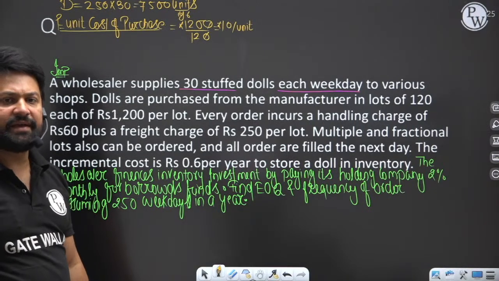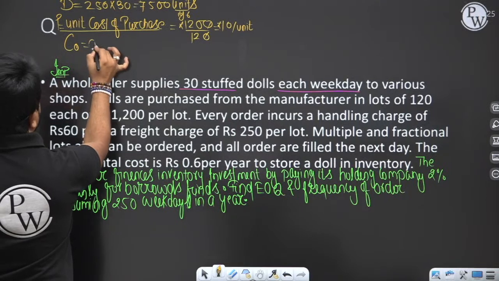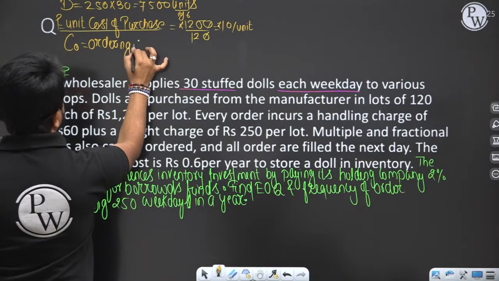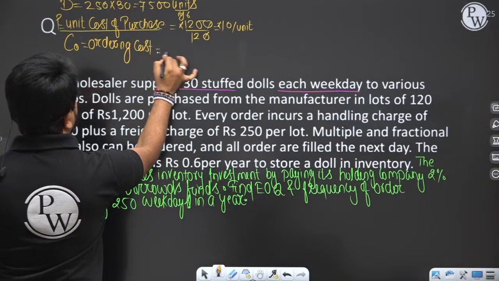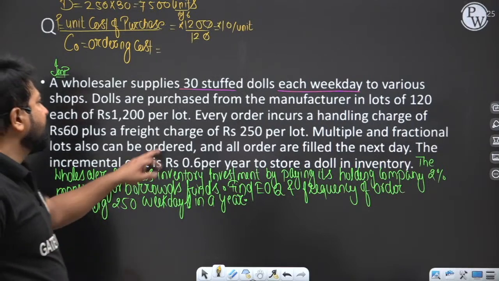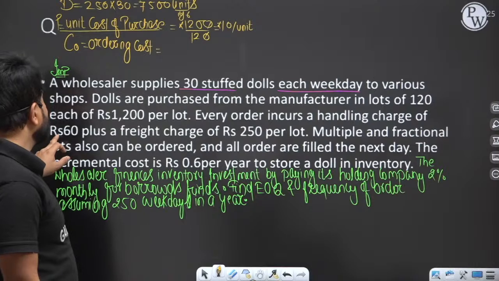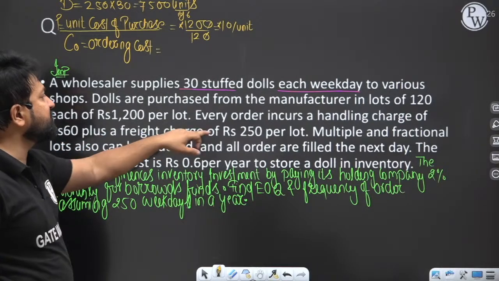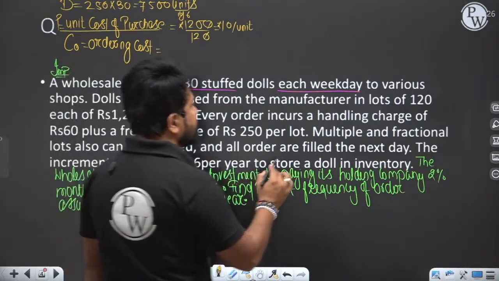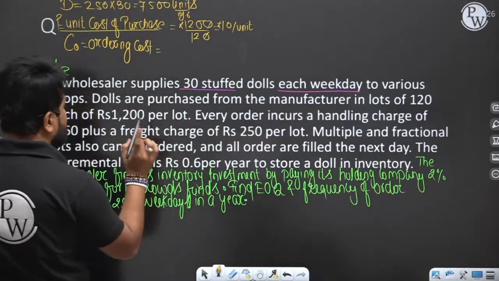Now the question is ordering cost. How can we find the ordering cost? Please read it carefully. What does he say? Every order incurs a handling charge of 60 plus a freight charge of 250 per lot. Basically he has broken the ordering cost into two parts.